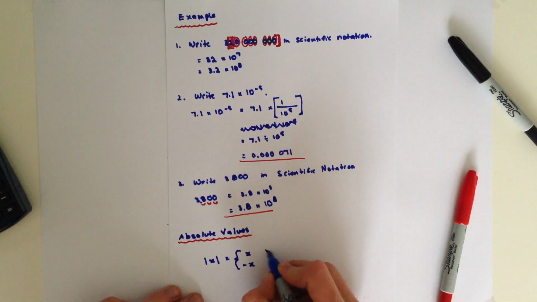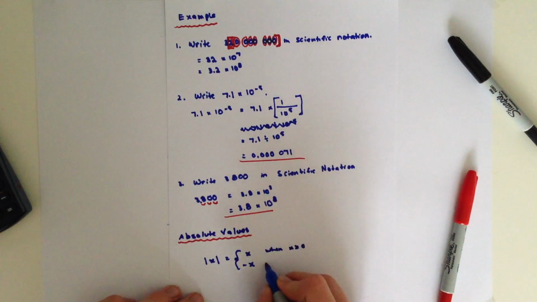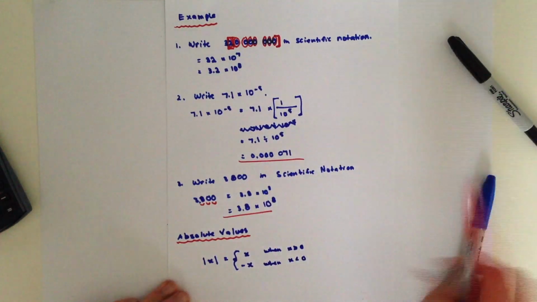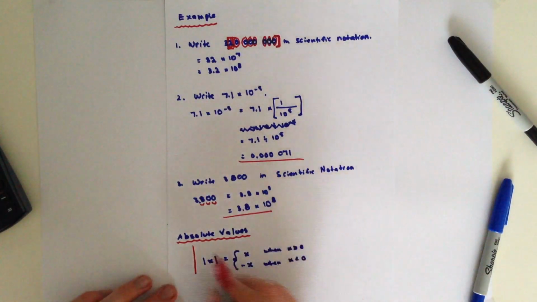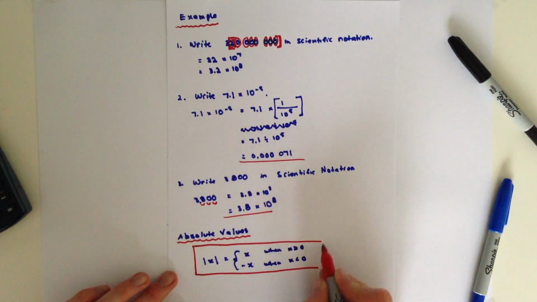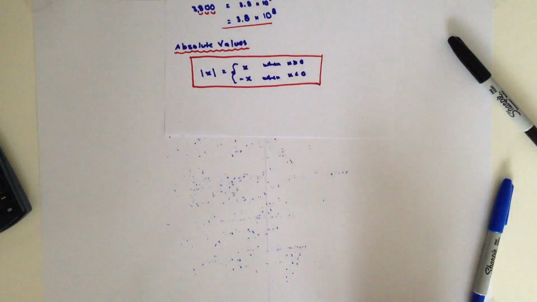Pretty much it equals x when x is greater than 0, and negative x when x is lower than 0. That's the definition of an absolute value. Now that might not make a lot of sense, but it will once I explain it.